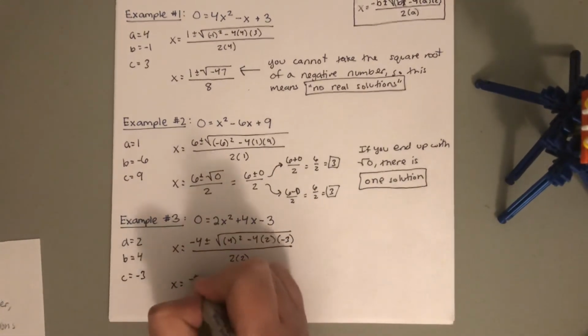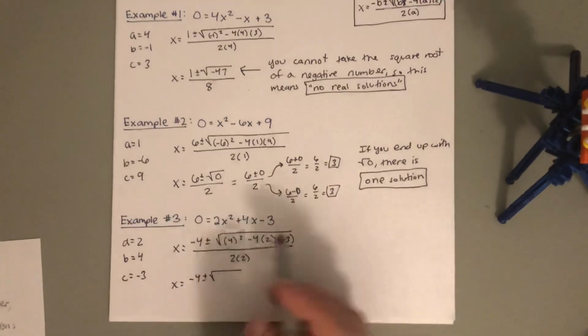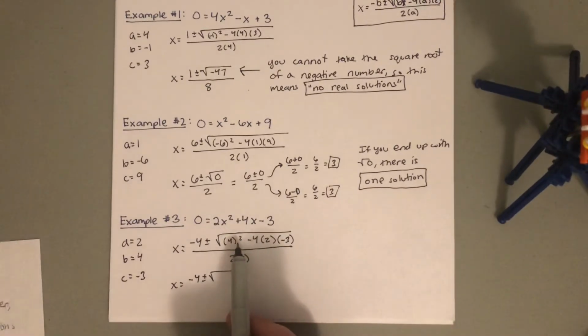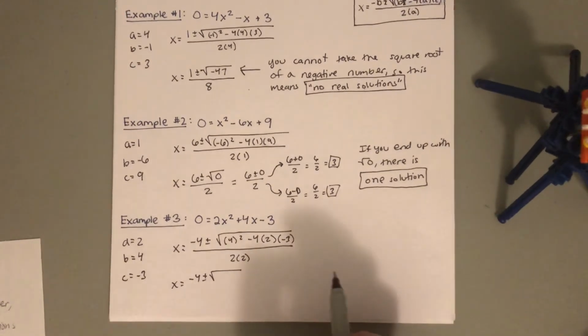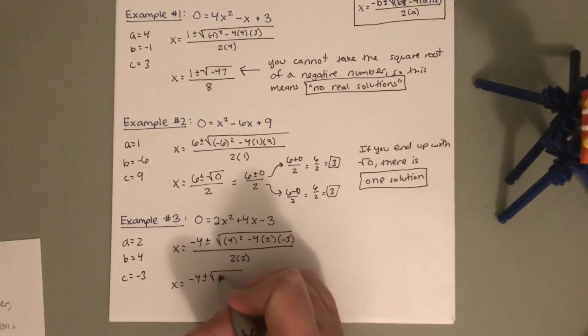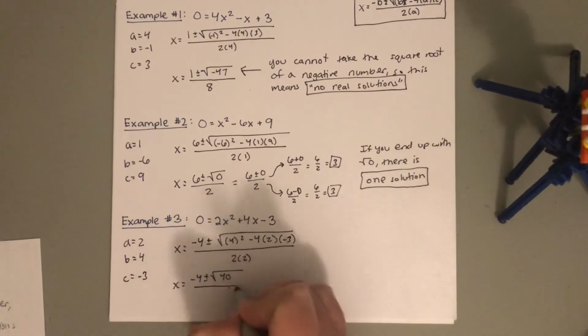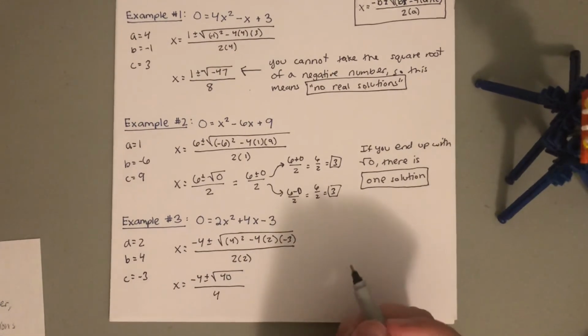And then we can simplify that. We have 16 there. And then 4 times 2 times negative 3 is negative 24. So 16 minus a negative 24 is the same as 16 plus 24, which is 40 over 4.